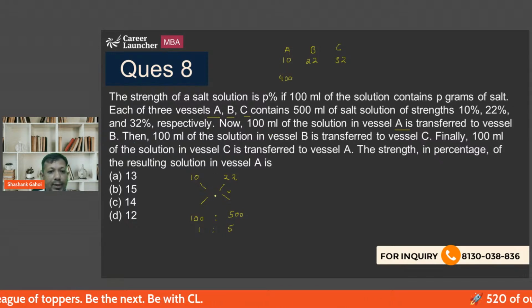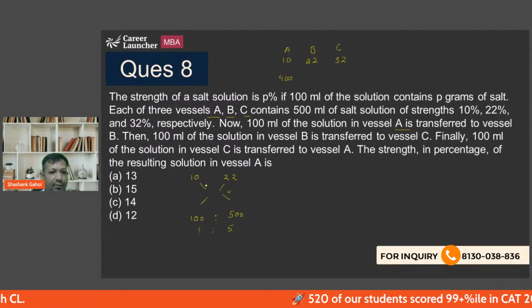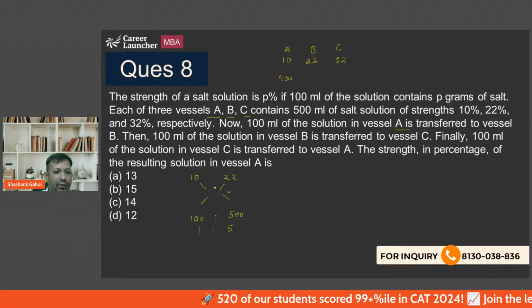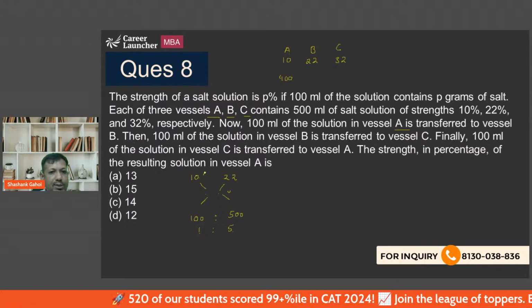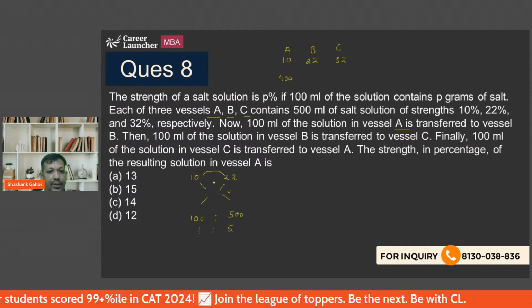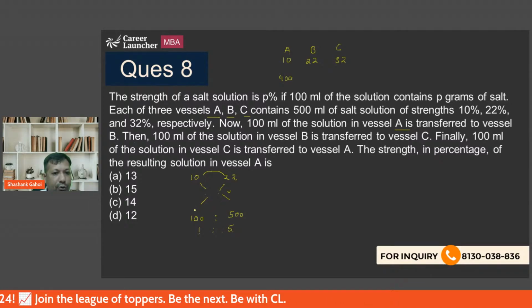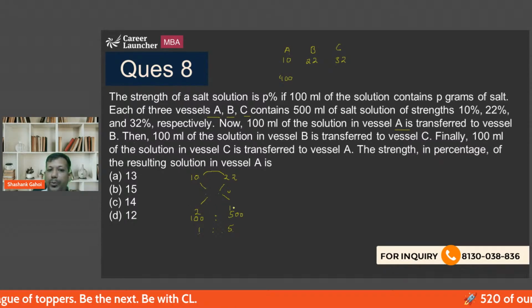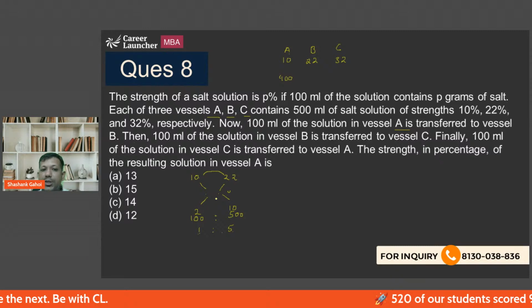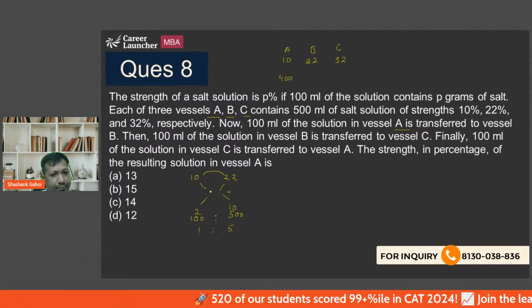Now if these two ratios are given, how are we going to calculate the middle value? The approach is to take the difference. The difference is 12, right? Break 12 in the ratio of 1:5, so this is going to be 2 and this is going to be 10. So your final concentration is going to be 10 more than 10, or 2 less than 22.